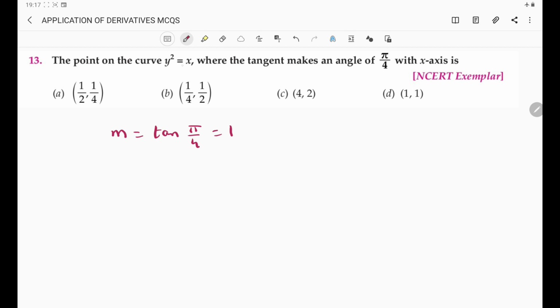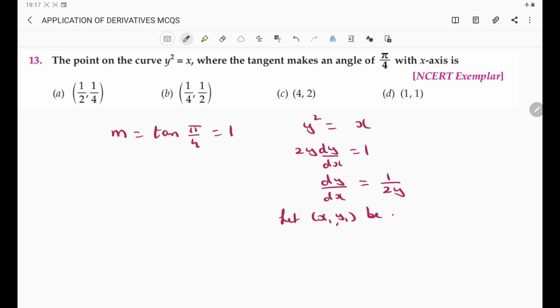So let us find dy/dx. y square equal to x, so we get 2y dy/dx equal to 1, or dy/dx is equal to 1 by 2y. Let x1, y1 be the point of contact.